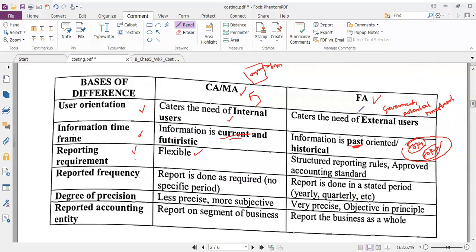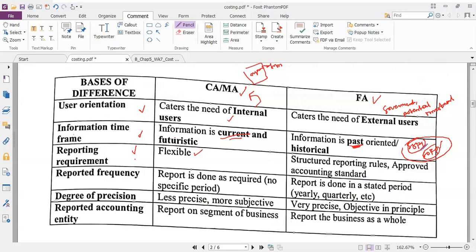Okay, but for financial accounting, report is done in a stated period. So kita kena ingat balik konsep accounting, financial accounting konsep yang kita belajar, time period tu. Accounting period dia berapa, yearly kebiasaannya ataupun quarterly.